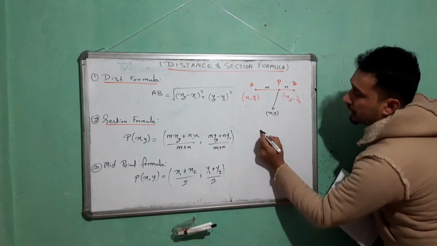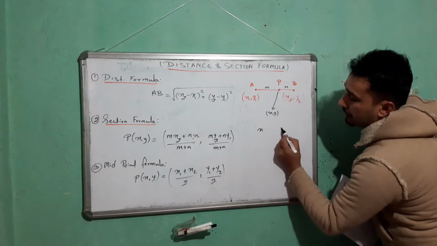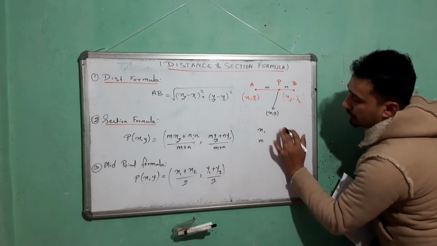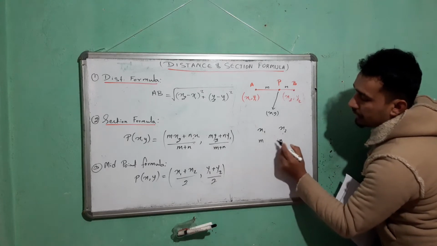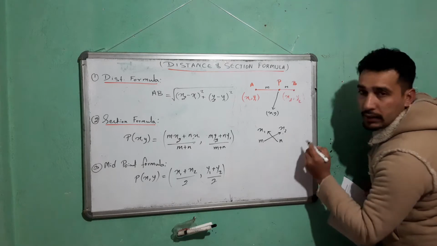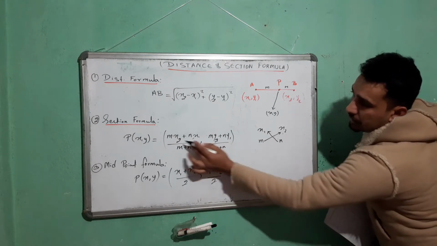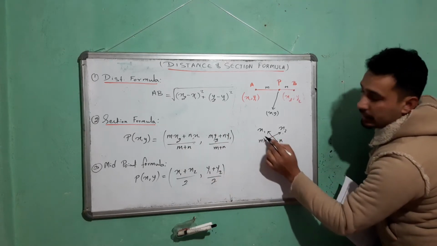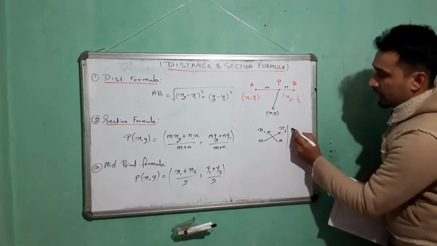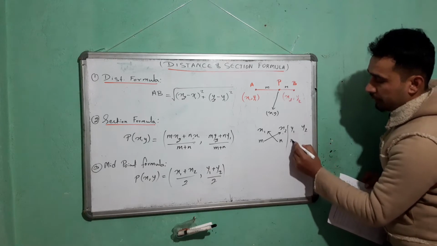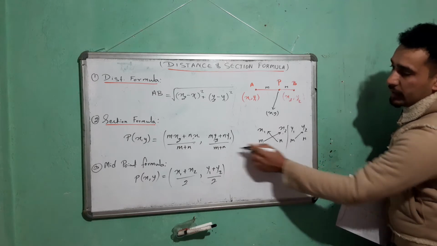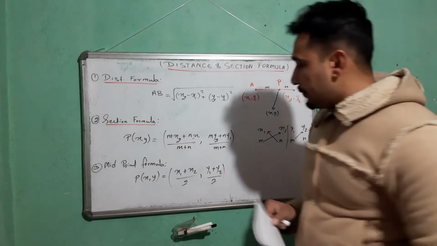Here you just cross multiply: m will multiply x2 and n will multiply x1, giving (mx2 plus nx1) divided by (m plus n). In a similar manner, for y1 and y2, m multiplies y2 and n multiplies y1, giving (my2 plus ny1) divided by (m plus n).